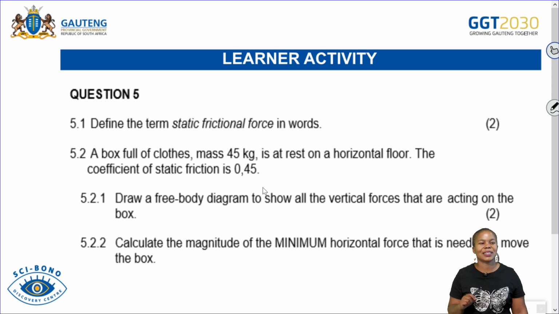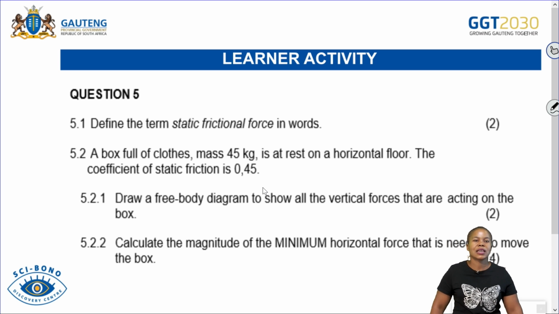That is a good hint. And then 5.2.2, calculate the magnitude of the minimum horizontal force that is needed to move the box, so that the box then starts moving. The total for this question is only 8 marks.